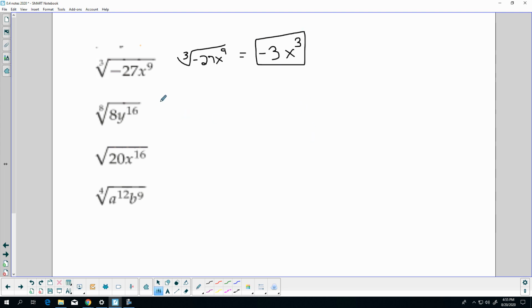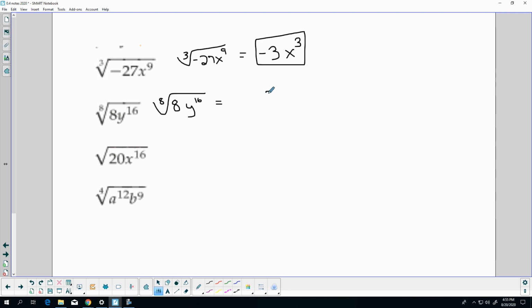So on the next one, I've got the 8th root of 8y to the 16. Well, there is no 8th root of 8. I think they're trying to trick you into thinking, well, 8 divided by 8 is 1. Don't fall for that trick. There's no whole number times itself 8 times that equals 8.